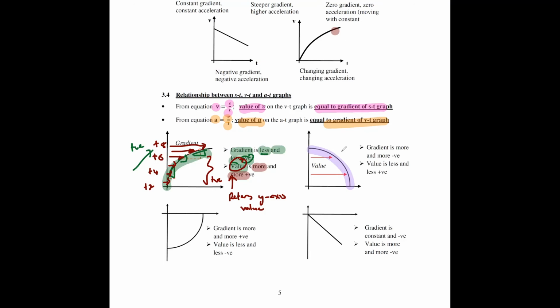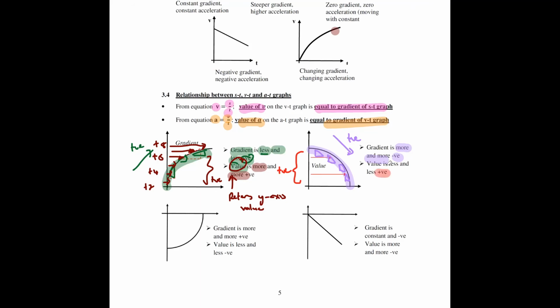Because this graph is pointing downwards, I know that this graph is negative. But how will I describe the gradient in terms of its steepness? You notice that if you draw some little triangle along the curve, it's actually becoming more and more steep. So here we say that the gradient is becoming more and more negative. But in terms of the values of the graph itself, looking at the y-axis value, this is all positive.